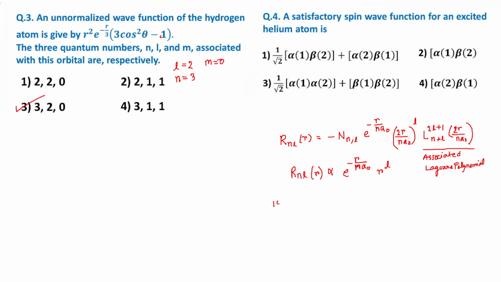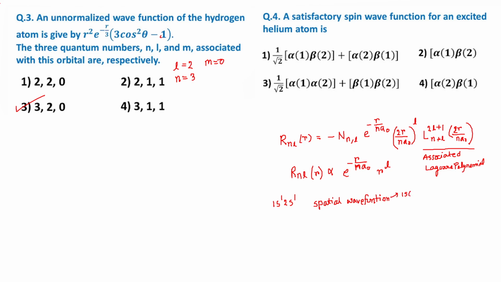So electronic configuration is 1s1, 2s1. So the spatial wave function can be two things.